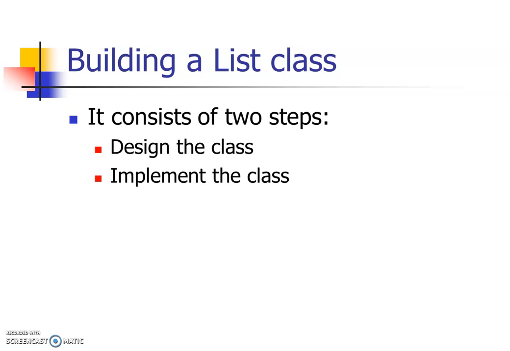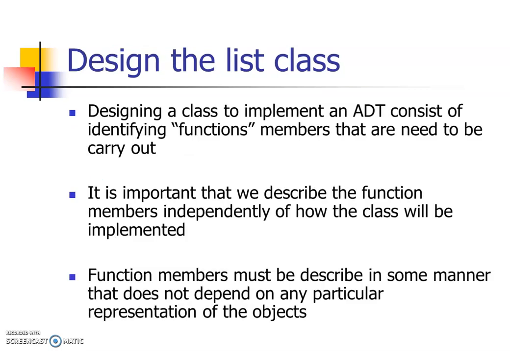So in order to build a list class, it consists of 2 steps. One is about the design, and the previous slide is the design phase. And then we will move into the implementation phase of the class. Design of the ADT implementation consists of identifying the function members that need to be carried out. It is important that we describe the function members independently of how the class will be implemented, because that is simply a design phase.